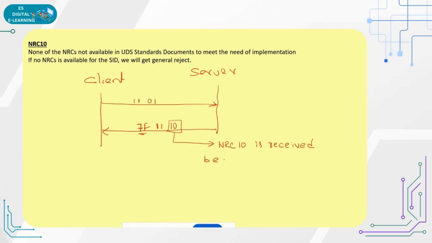Because, so I'm making it 21 here. Instead of 01, I'm making it 21 because we need to send some incorrect request, no? So we need to get an invalid request. You can write down like this: invalid request.